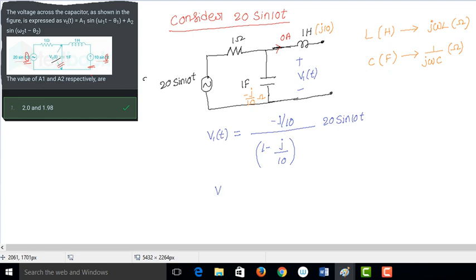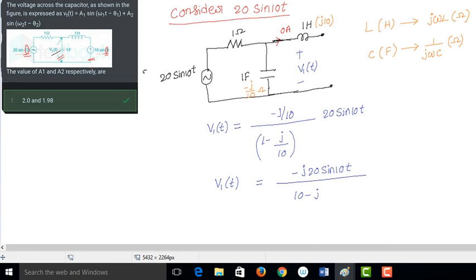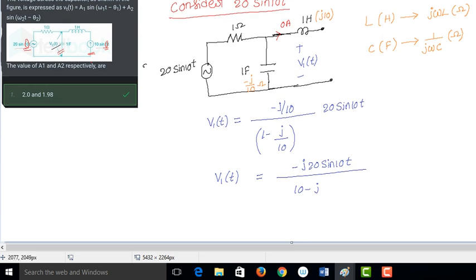So from this, V1 of t is given as minus j 20 sine 10t upon 10 minus j.